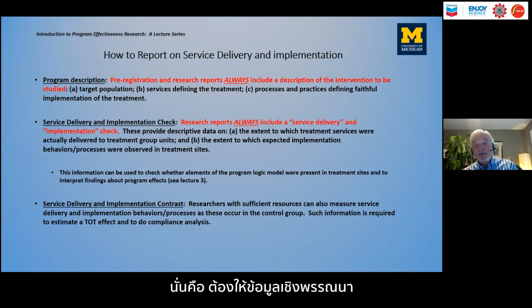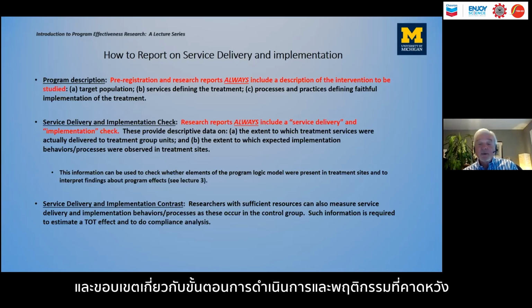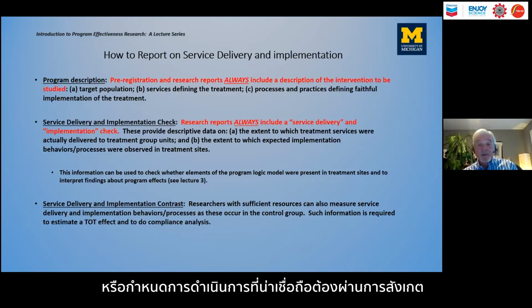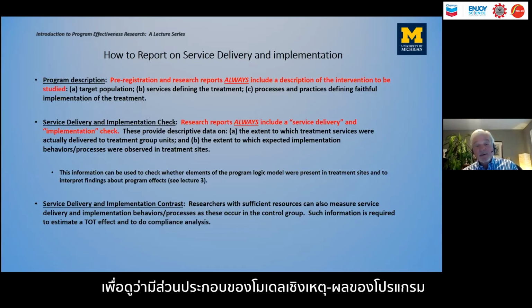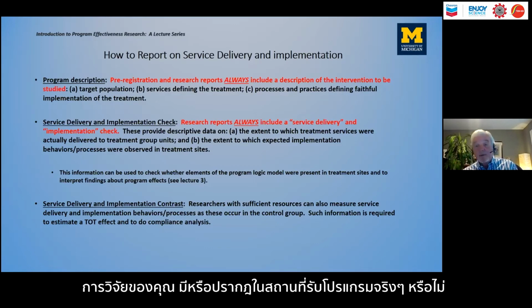That is, they provide descriptive data on the extent to which the treatment services were actually delivered to the treatment group and the extent to which implementation processes and behaviors that are expected or define faithful implementation were actually observed in treatment sites. This is information that you're using as the investigator just to see whether the elements of the program logic model that's driving your research were actually present in treatment sites.